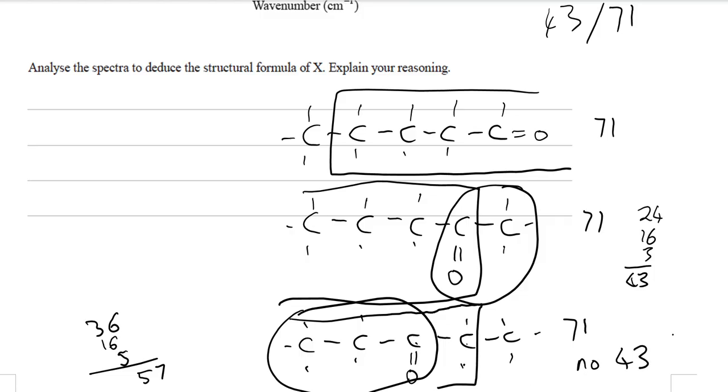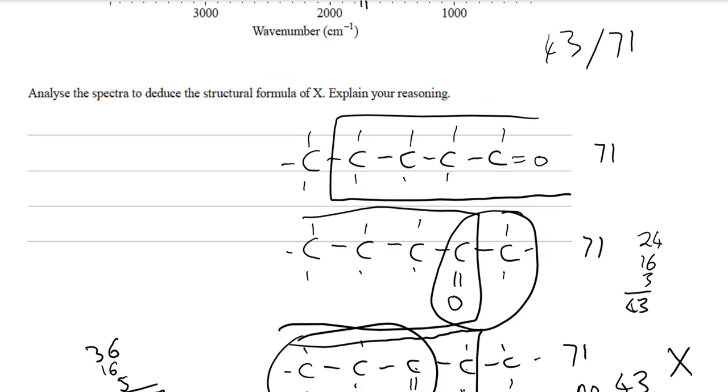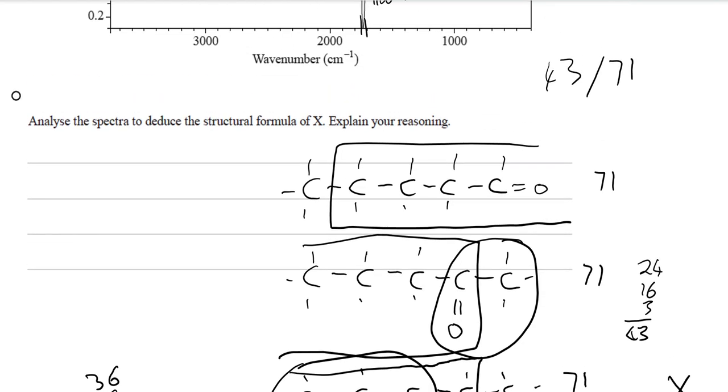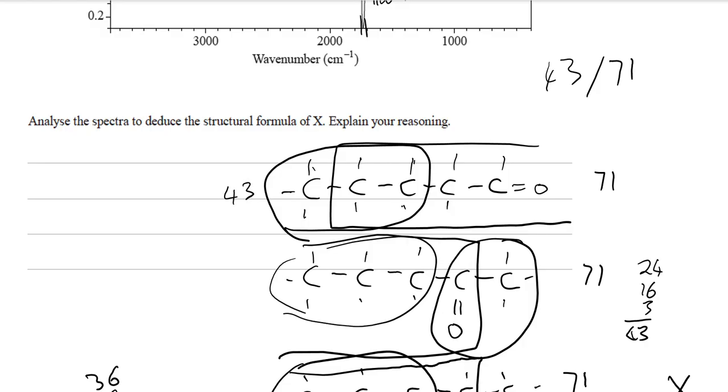Okay, so it's probably not going to be this one. Now, can I find a 43 on here? Yes, I can, because that is 43. That's a 43 as well. And that would be a 43 too.